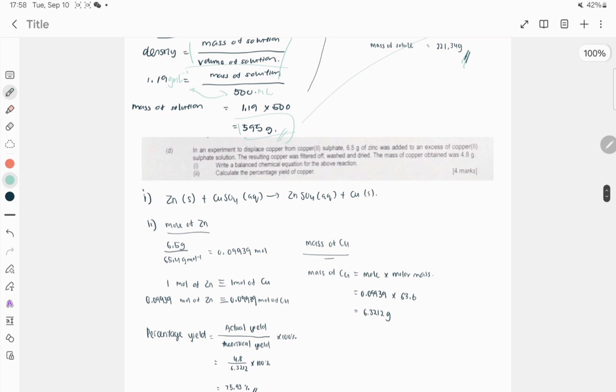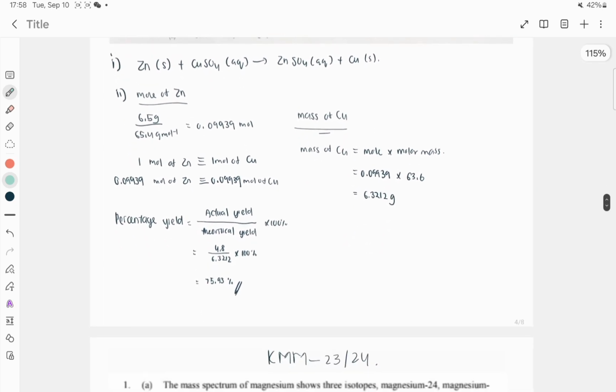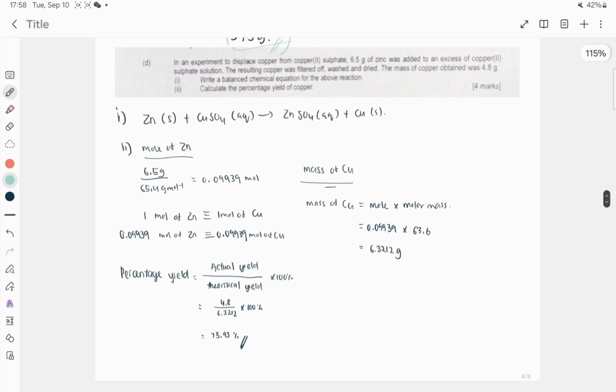Okay, so we proceed to the final question, which is the D part. In the experiment, zinc displaces copper from copper sulfate, and then it is filtered off. We need to write a balanced chemical equation for the above reaction.